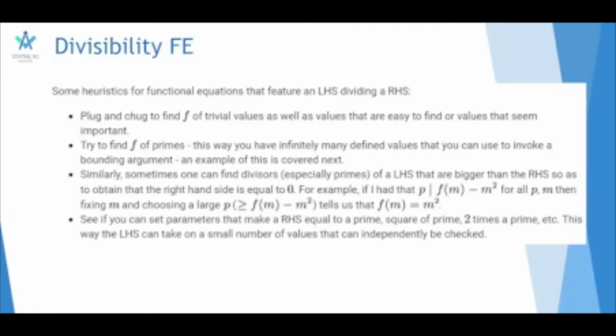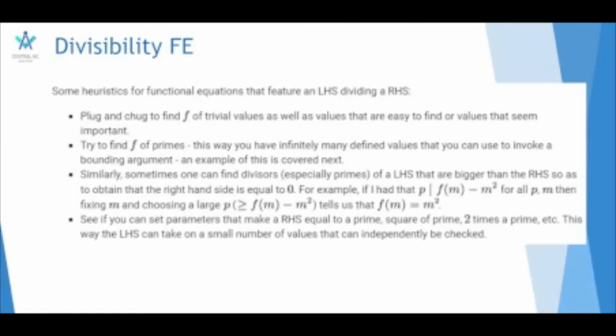Because we fix m, so then we can choose any large p, and that way you can't have this p dividing f of m minus m squared because it's just bigger. So this tells us that f of m minus m squared has to be equal to 0. That's the only possible value that p could divide, if you know for a fact that p is greater than f of m minus m squared. So then this means f of m is going to be equal to m squared.